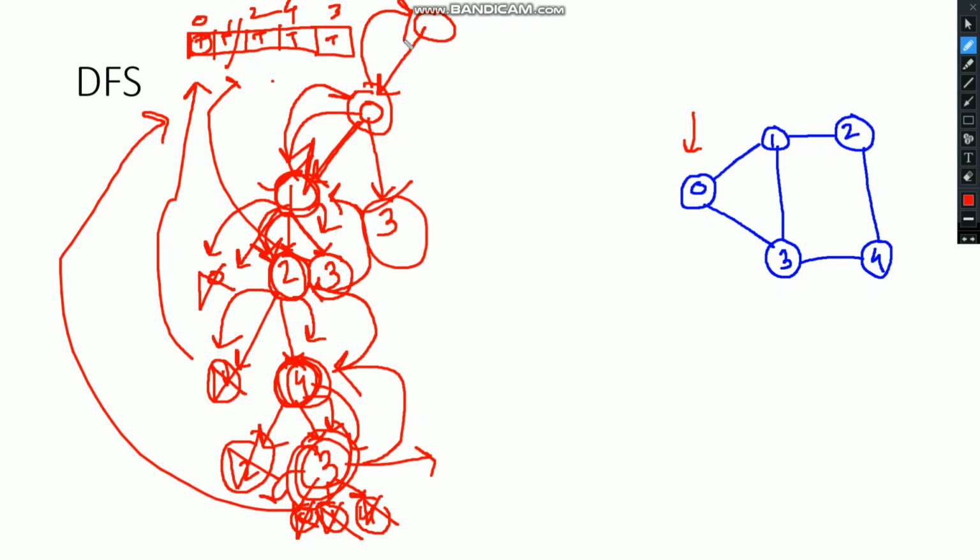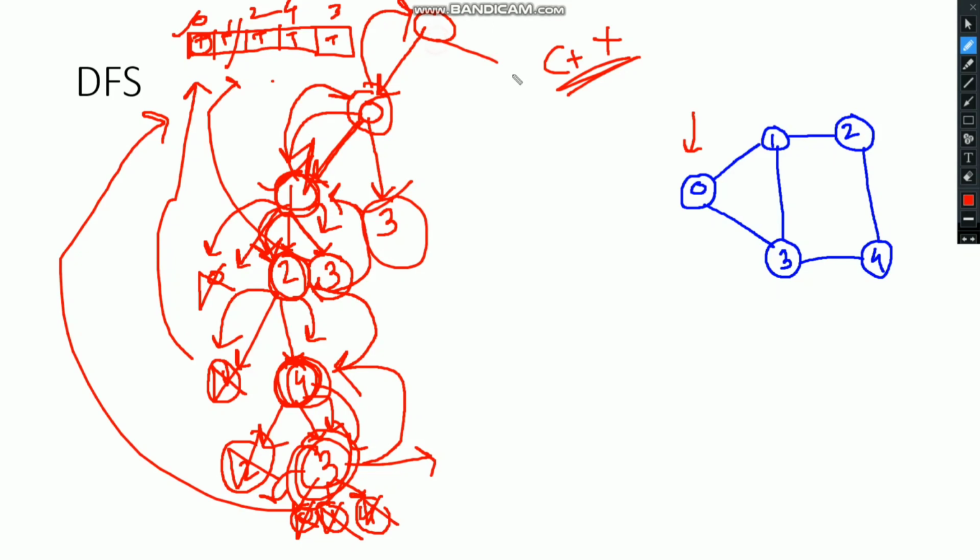Finally, the base case will be that if the visited array has all cells occupied by true, or we can make a count variable which counts how many vertices are already visited, and place this as a base case: if our count equals the number of vertices, then return.